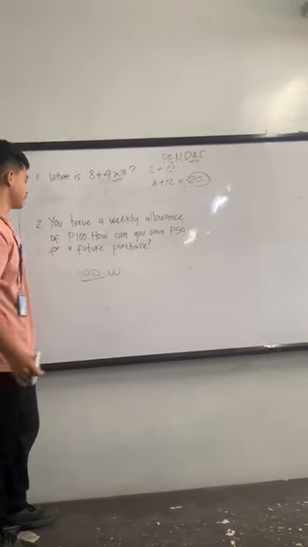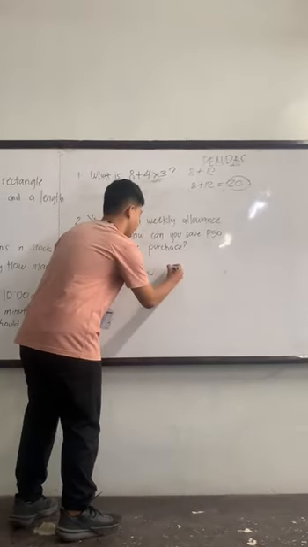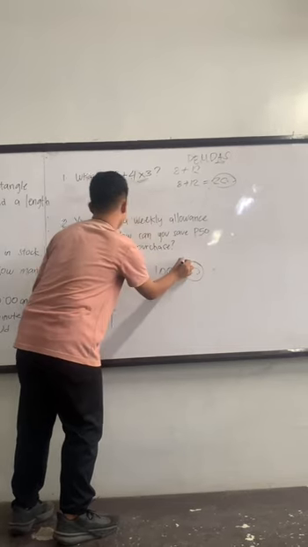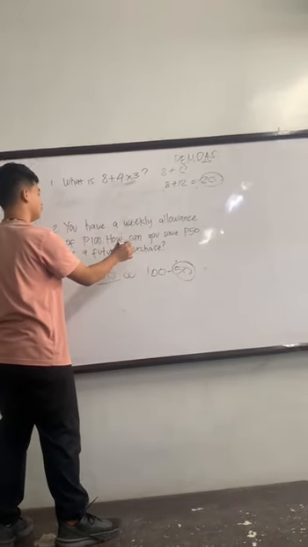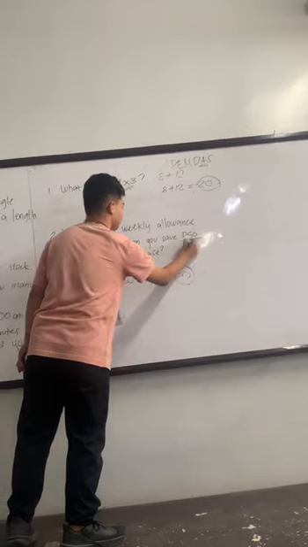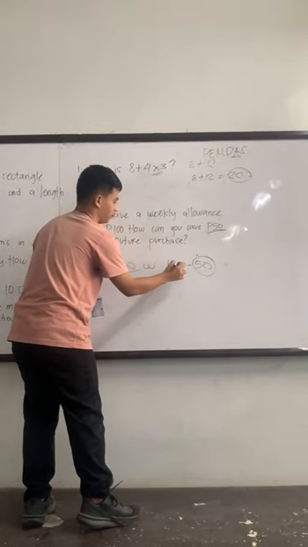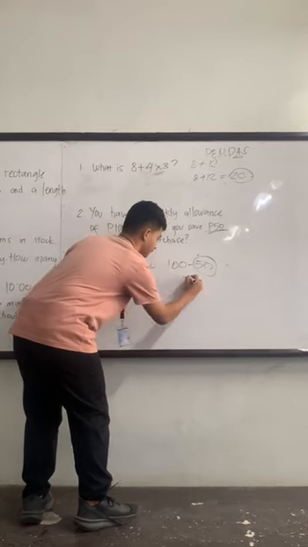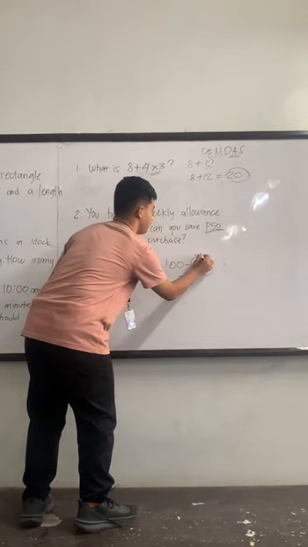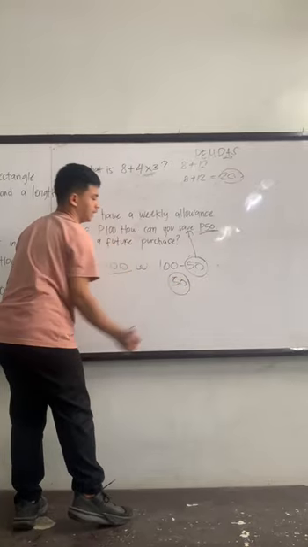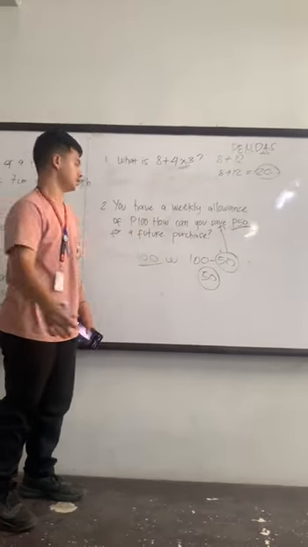Then simply you're just going to minus 50. 100 minus 50 is 50. So 50 for savings and 50 for your allowance. And that's it.